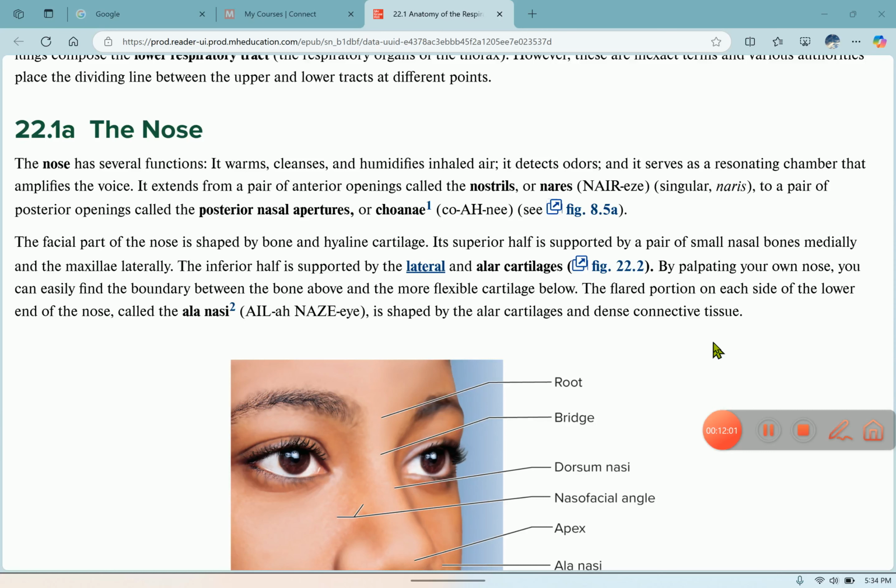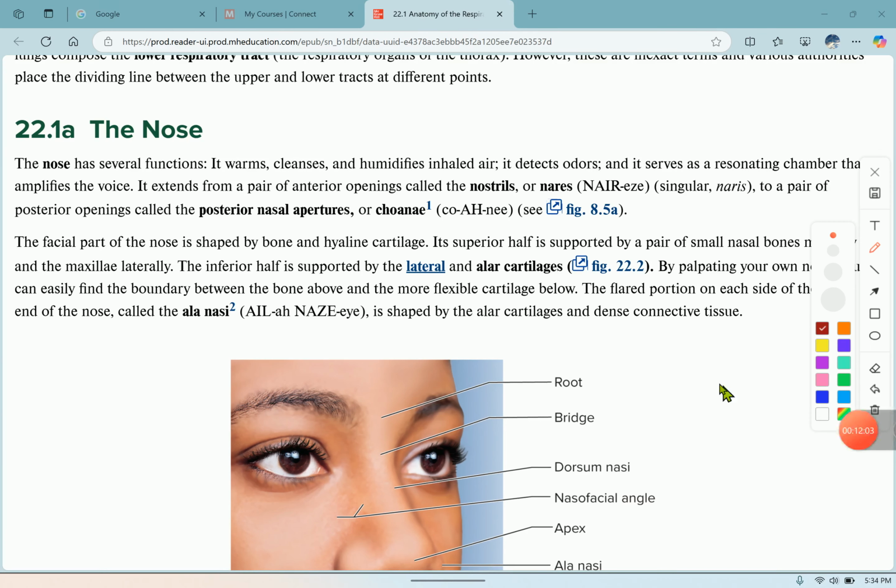The nose has several functions, one of which is to warm, cleanse, and humidify the air that you breathe in. It can also detect odors, and it serves as a resonant chamber that helps you amplify your voice.